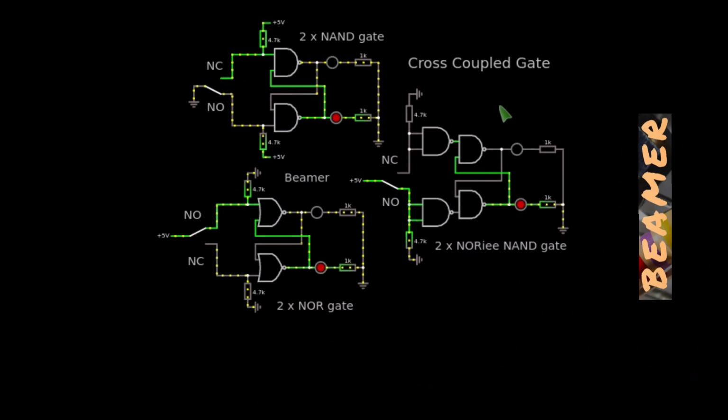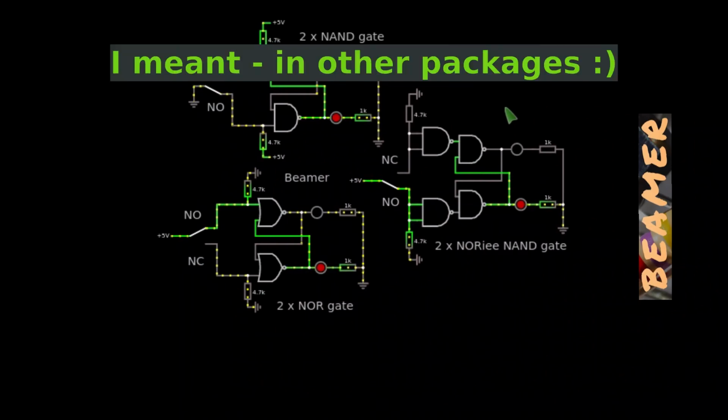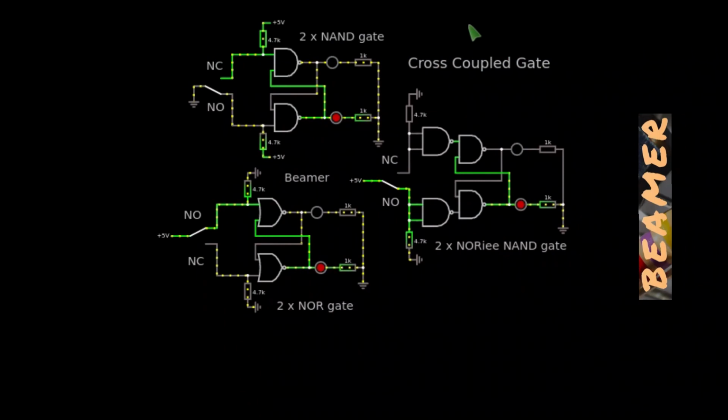You can implement the logic that you require, sometimes out of spare inverters, a NOR gate or a NAND gate that you've got spare in other packages. So you don't necessarily have to add another NAND gate chip on your board. You can sometimes make up this kind of simple logic out of spare gates and inverters. So this one, I've just done that.